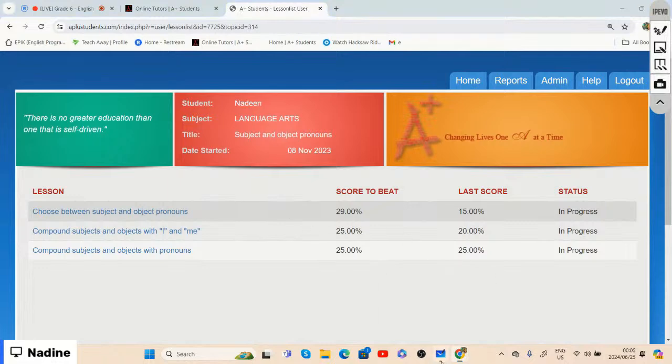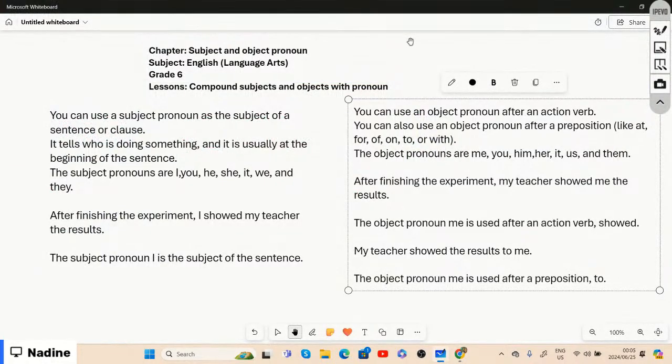All right, so once again, our chapter is subject and object pronouns. Our subject is English language arts, Grade 6.